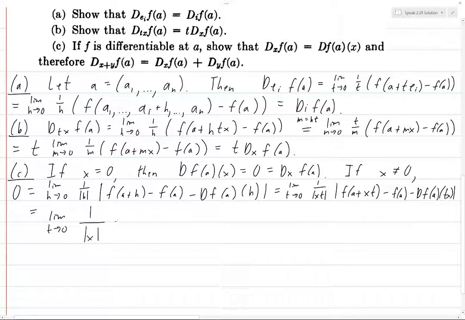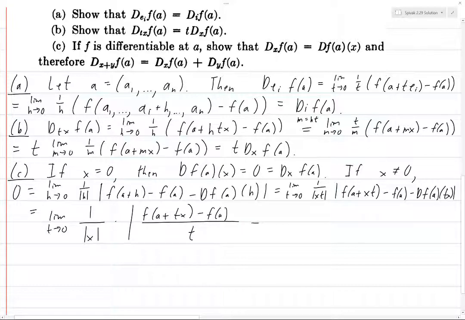Then we multiply by, on top, f of a plus tx minus f of a, over t. Basically what we're doing is bringing t inside the absolute value, and because t is just a number, we don't have to be too cautious about how we're using the absolute values. It just works out really well.